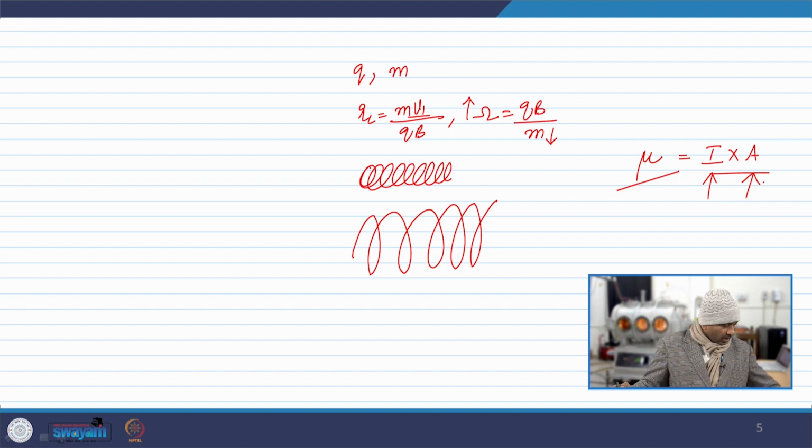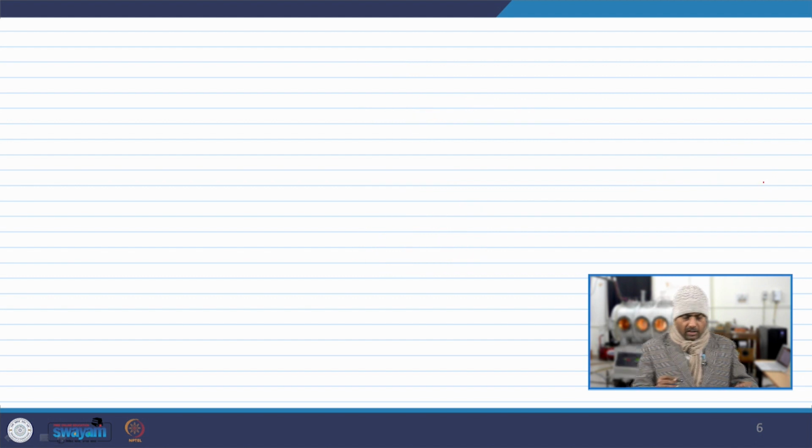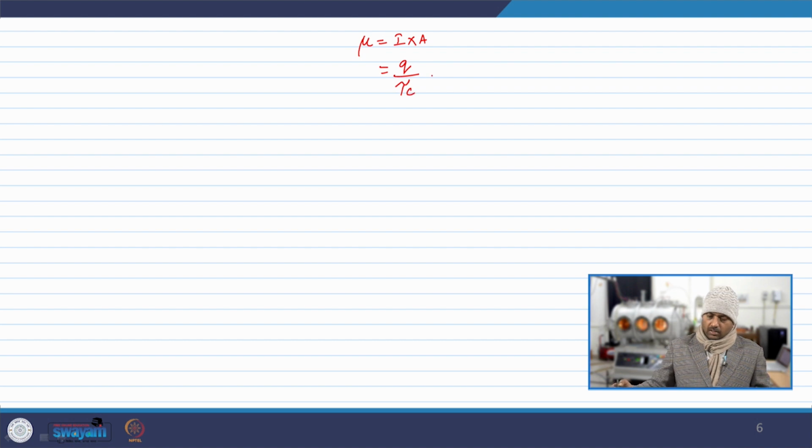So, we can write it like this. Magnetic moment mu is I times A. If Q is the charge and tau c is the characteristic time for completing this circular motion, and if RL is the radius, the area is pi RL square.